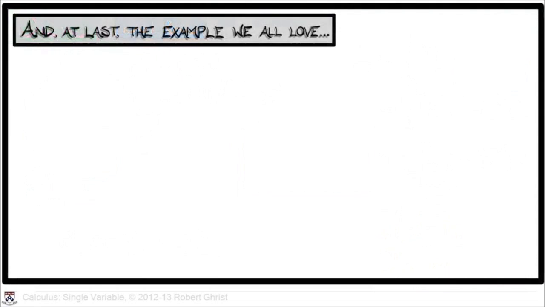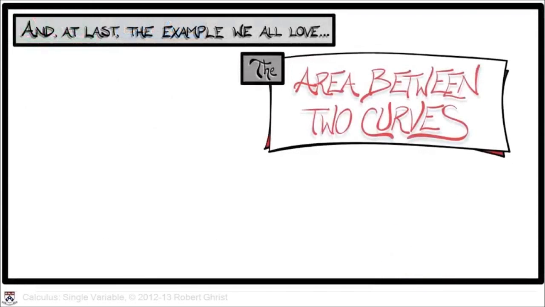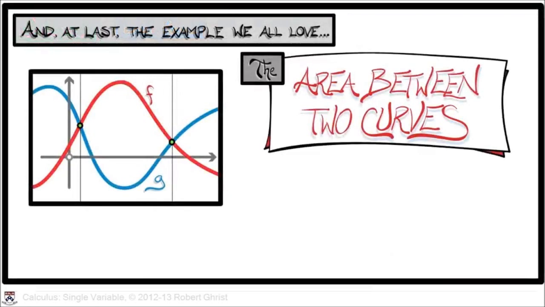This, then, leads to the example that we all know and love, the area between two curves, let's say f on the top and g on the bottom. Now, it's very clear, given what we've done, how to determine the area element in this case.